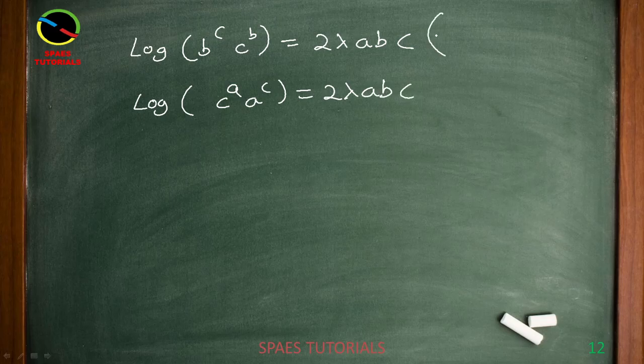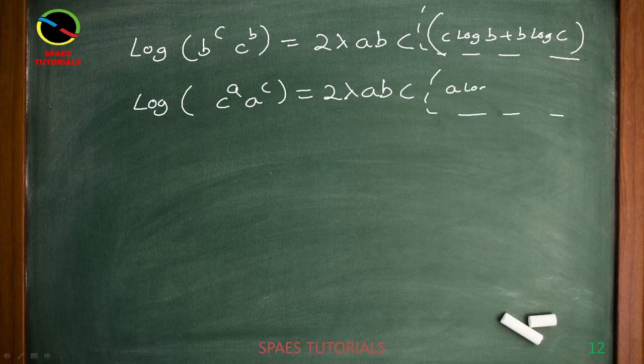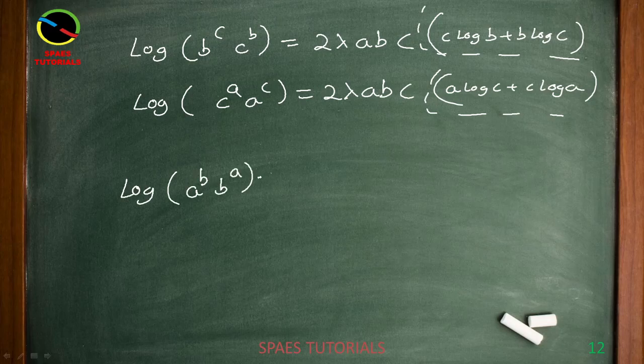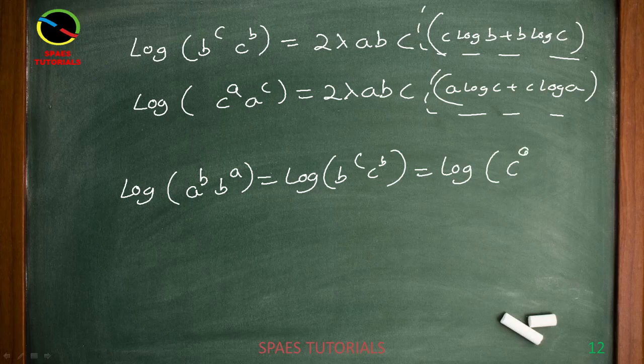For this, sir, what you need to do? You need to add c log b plus b log c, then you will be getting that. Similarly, here you need to add a log c plus c log a. So now what we understood is log of a^b into b^a is equal to log of b^c into c^b is equal to log of c^a into a^c.